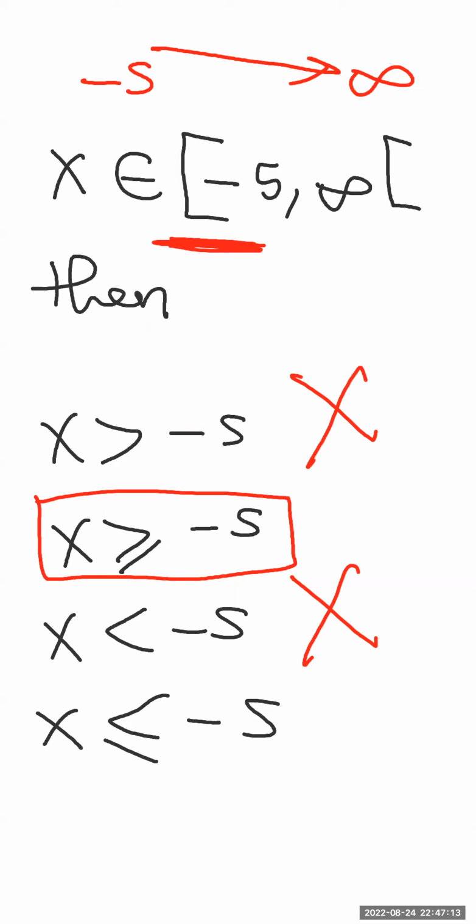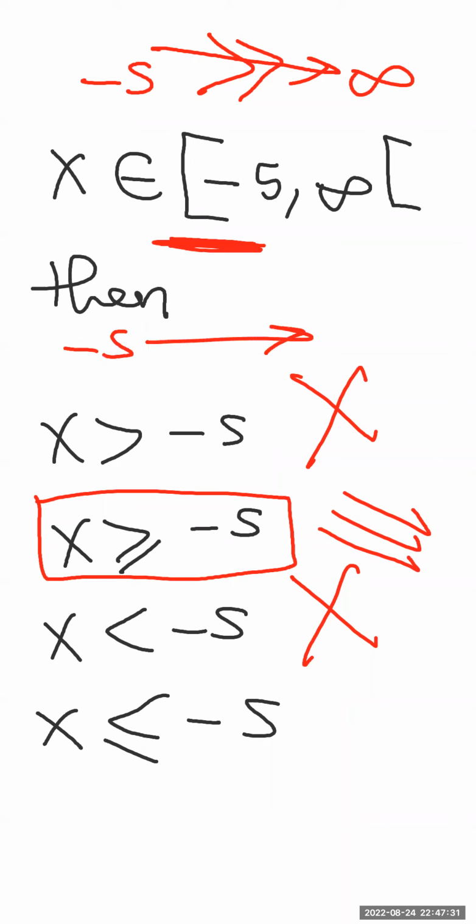So this means greater, right? The second choice is the correct answer, because x is greater than or equal to -5, so I'm going from -5 in the positive direction till I reach positive infinity, right? Okay, great. So that question is also clear to all of us? Okay.